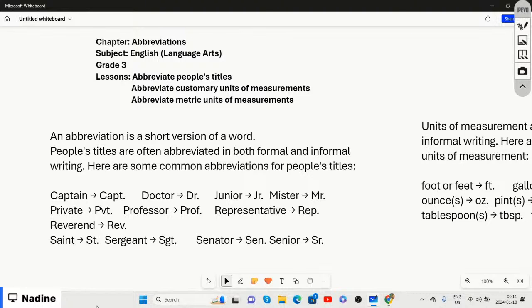We don't just say, for example, doctor because we are going to see a medical doctor. But if we personally know the person and we know they are a doctor, we still classify them as doctor, both formally as well as informally.